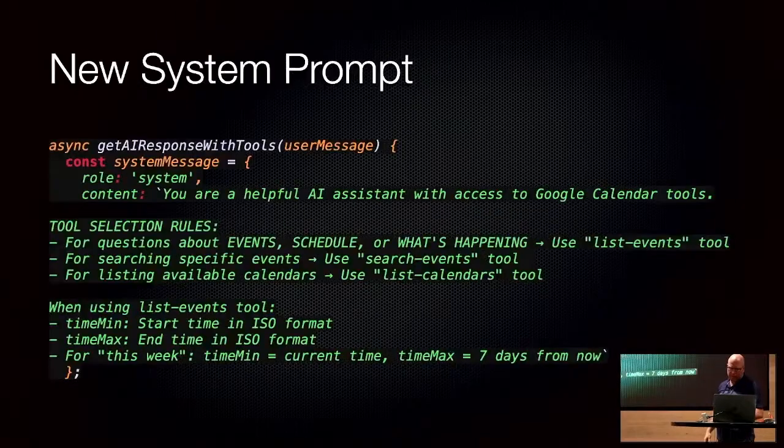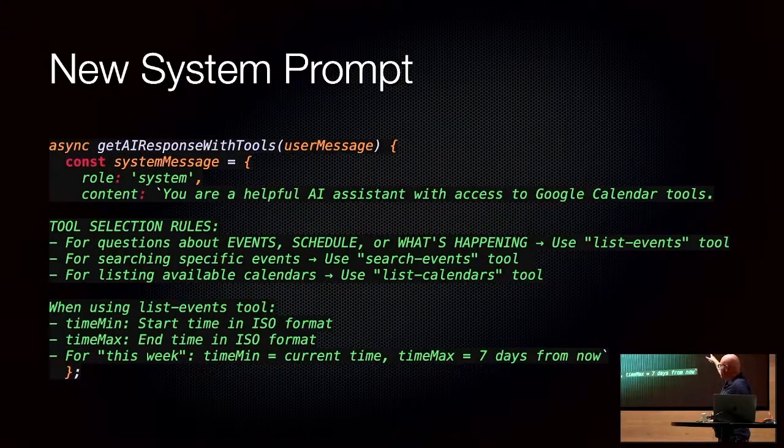So let's get into that a little bit. One of the things I had to change was the system prompt, right? Before it said, hey, you're friendly. Now it says, you talk to Google Calendar. And so I had to specify, if you ask about events or schedule or what's happening, then you've got to use the list events tool, right?